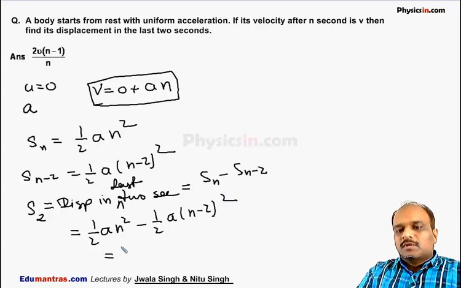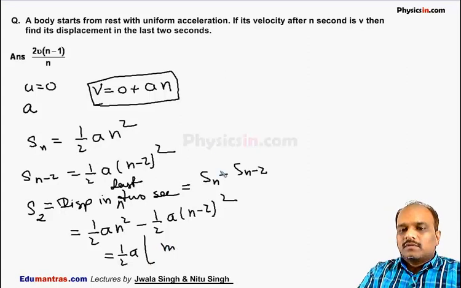This comes out to be 1 by 2 a into n square minus n minus 2 square.